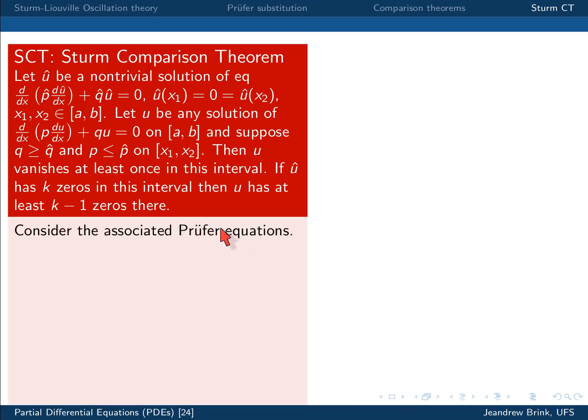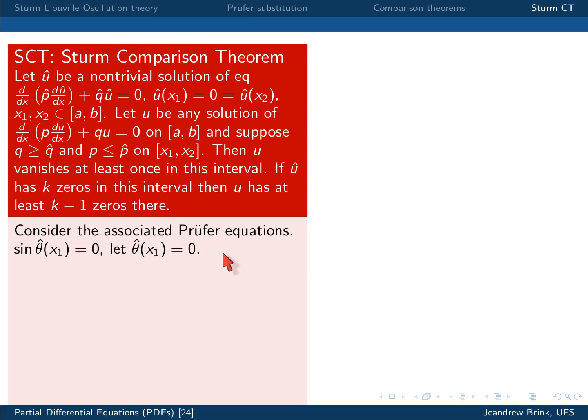Okay, and to prove it, to describe the zeros, we only have to look at the Prüfer equations. Particularly, we only have to look at the theta equation. So if u is equal to 0 at x1, we know that sine of theta hat at x1 is equal to 0. And we can then say, without loss of generality, let theta hat of x1 be equal to 0.